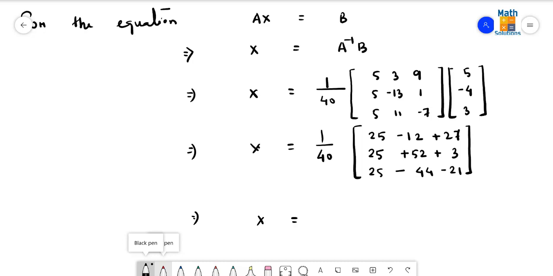We shall be getting here 25 plus 27, it is 52. 52 minus 12, the result comes as 40. Then 52 plus 3, it is 55. 55 plus 25, the result comes as 80.